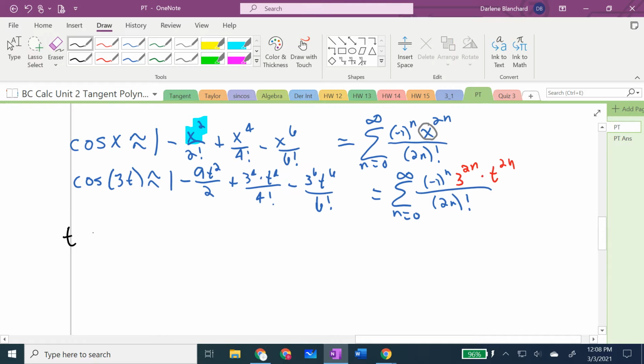So now times t. If you're going term by term, multiplying by another t adds 1 to the exponent.